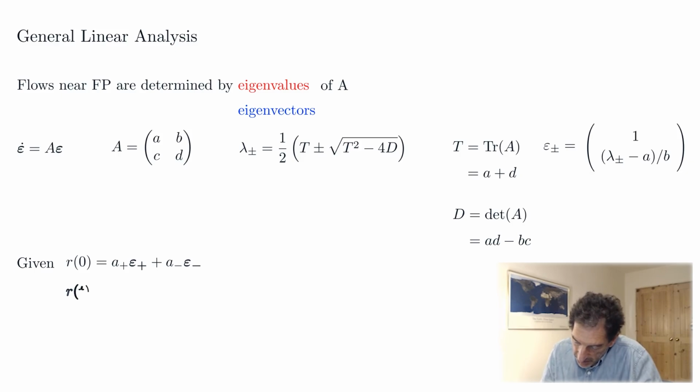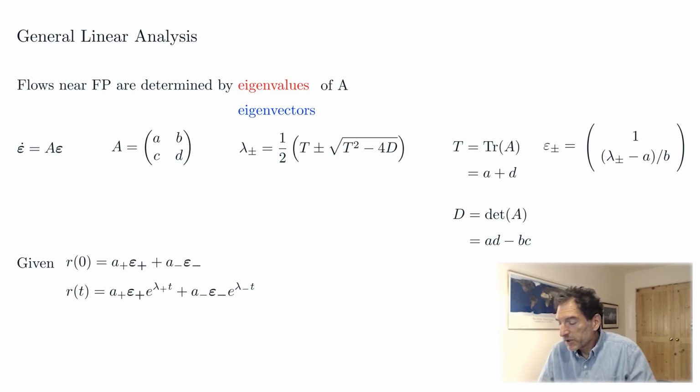And then r of t is just given by A plus epsilon plus e to the lambda plus t plus A minus epsilon minus e to the lambda minus t. And so this determines fully the local flow near a fixed point.